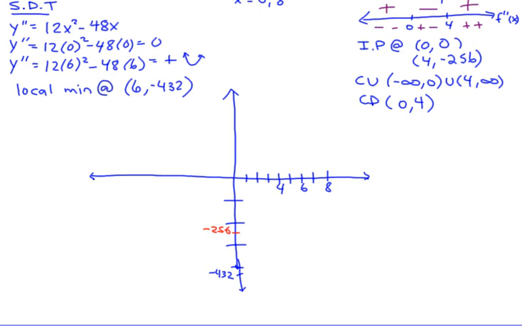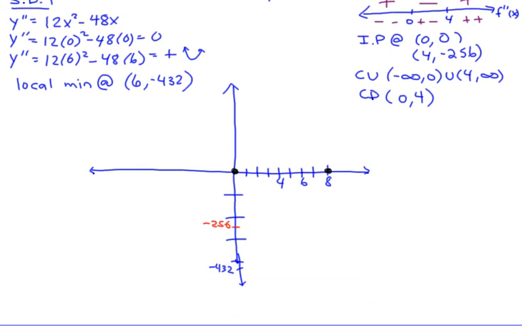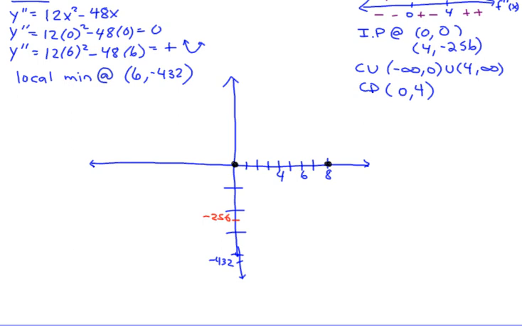Okay, let's start with plotting the points we know. So we know our y-intercept is 0, 0. We know we have x-intercepts at 0 and 8. We know we have a local min at 6 and negative 432.